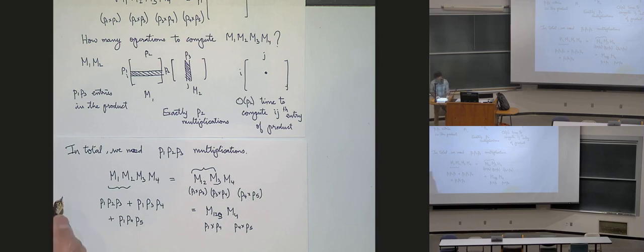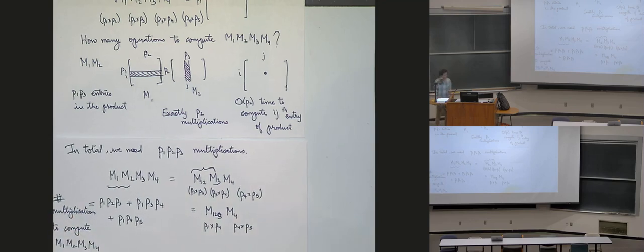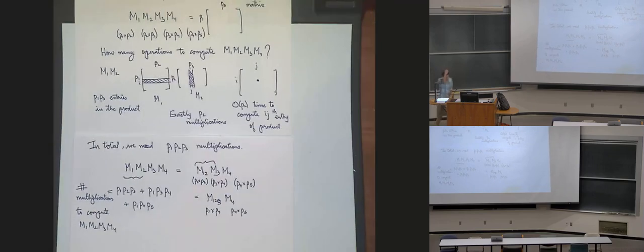Like this is the number of multiplications to compute M1, M2, M3, M4. Okay, so does this make sense?